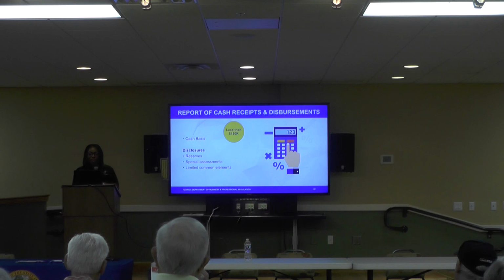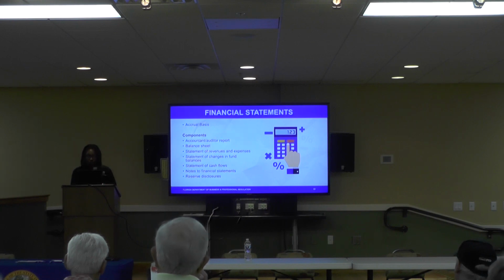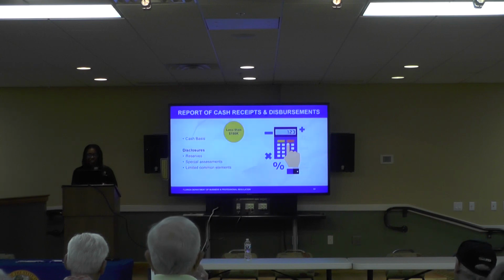A report of cash receipts and disbursements is required. Sorry, I jumped a slide. A report of cash receipts and disbursements is required for annual revenues less than $150,000. It must be done on a cash basis.